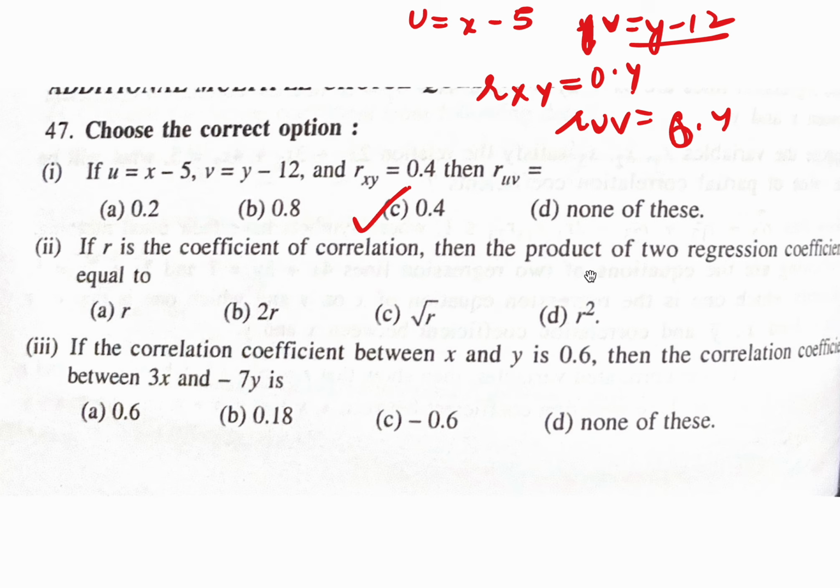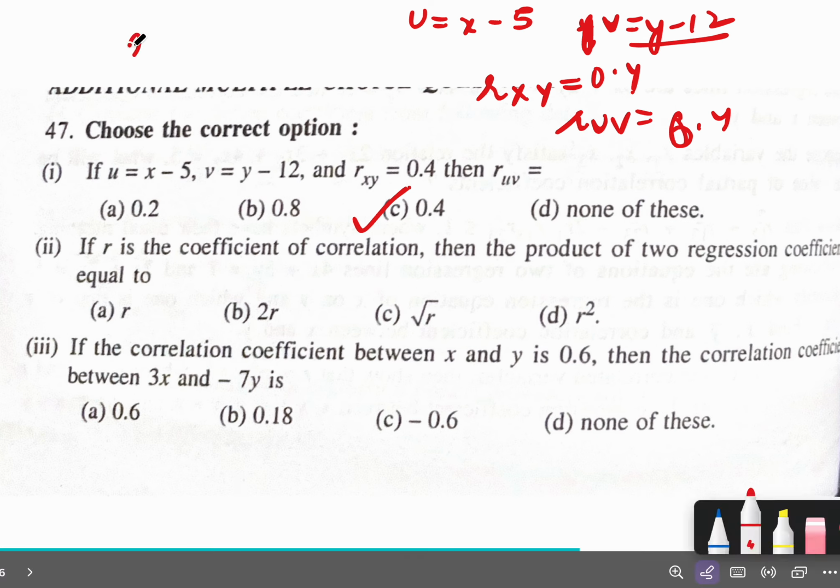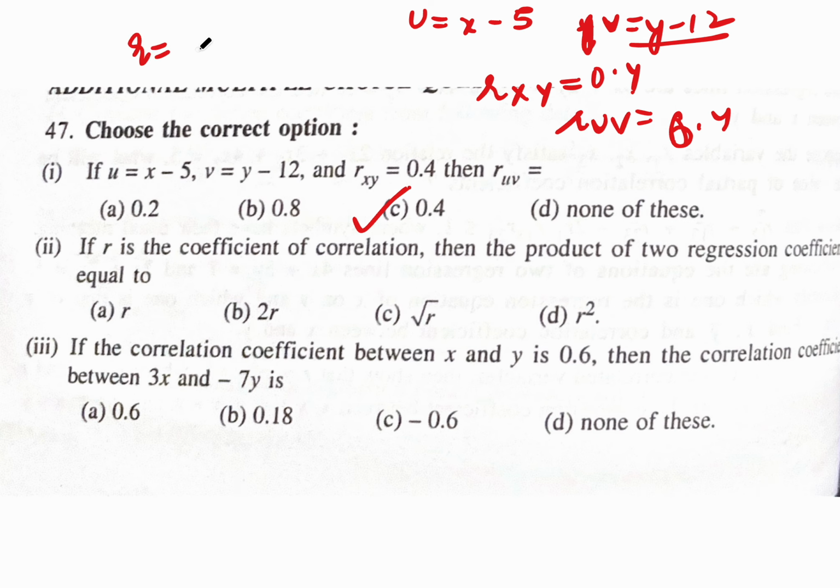Product of two regression coefficients is equal to, what it's saying is R is correlation coefficient. I think it would be R square. Is it R square? It is R square, okay.